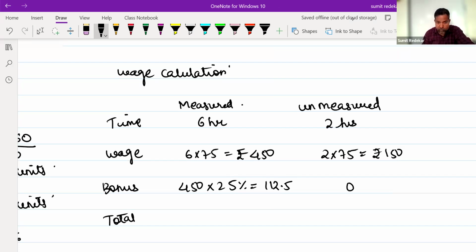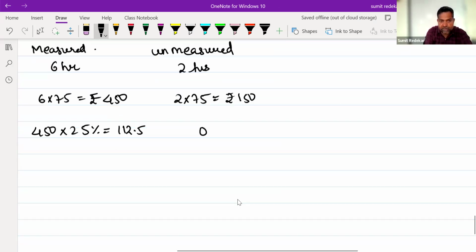So the total here is going to be, let me write it down separately.